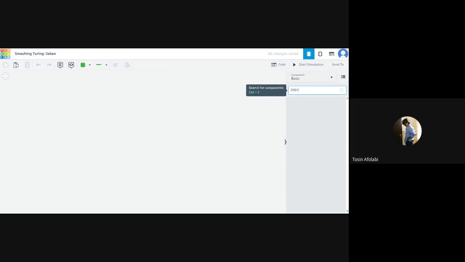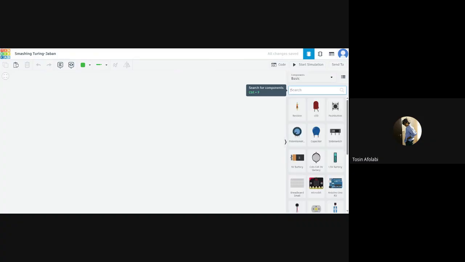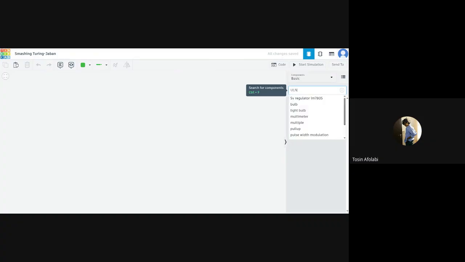Yeah, we don't have a stepper motor in here. It's quite bad. But let's see if we have a driver, ULN2003. We still don't have a driver that we use for stepper motors. So we'll skip that.